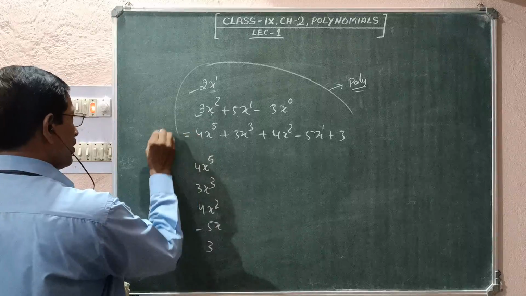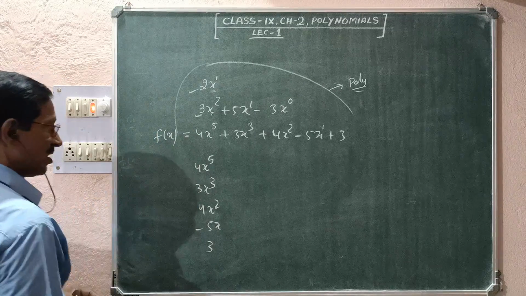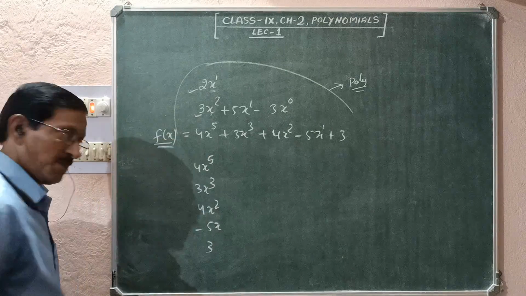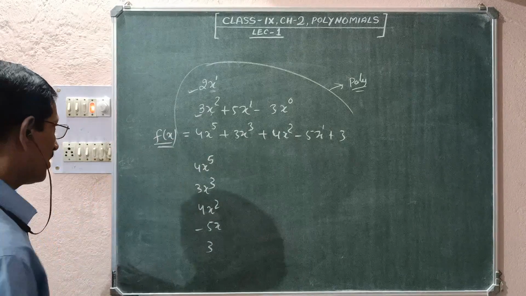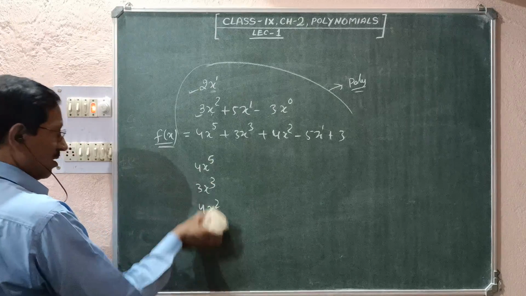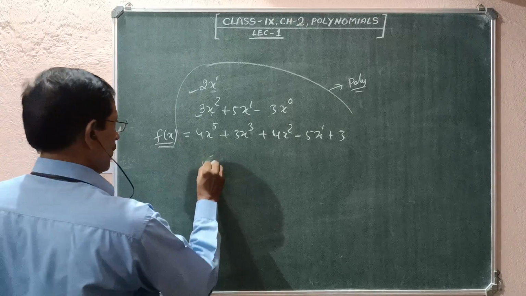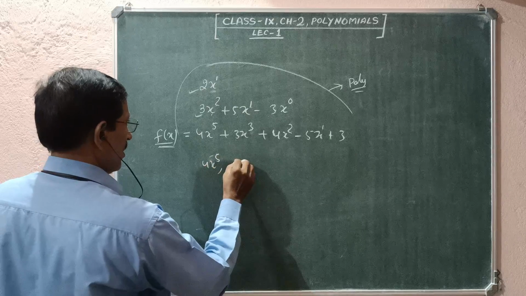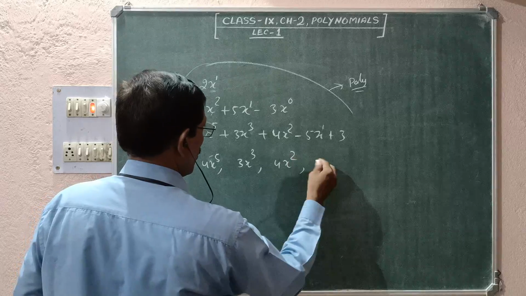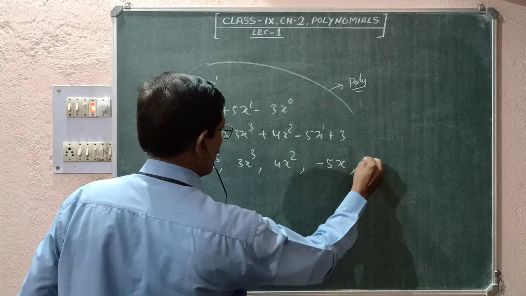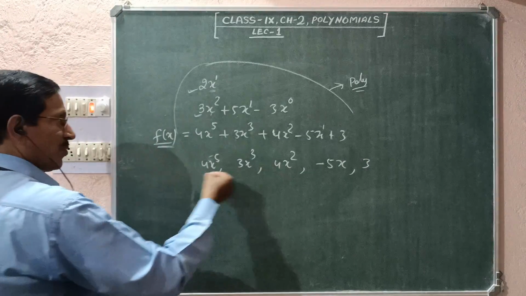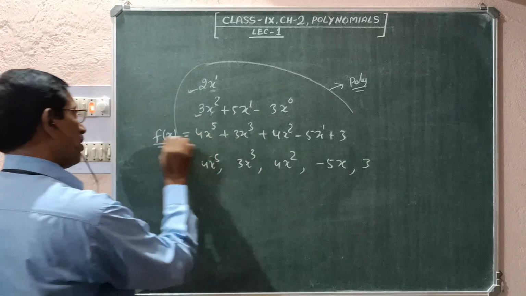Suppose this polynomial is denoted by f(x). So we can say these are the terms of the polynomial f(x). In short, we can write the terms like this: 4x to the power 5, 3x cube, 4x square, comma, minus 5x, comma, 3. So there are 5 terms in this polynomial f(x).